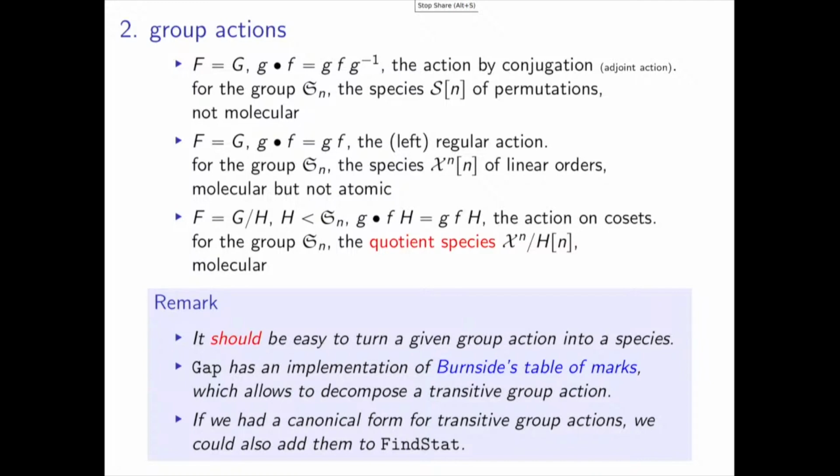Then, moreover, I would like to be able to decompose my species into a sum, and give the decomposition of the species into atomic and molecular species. And all the machinery is there. We just have to put it together. We just have to play a little Lego.